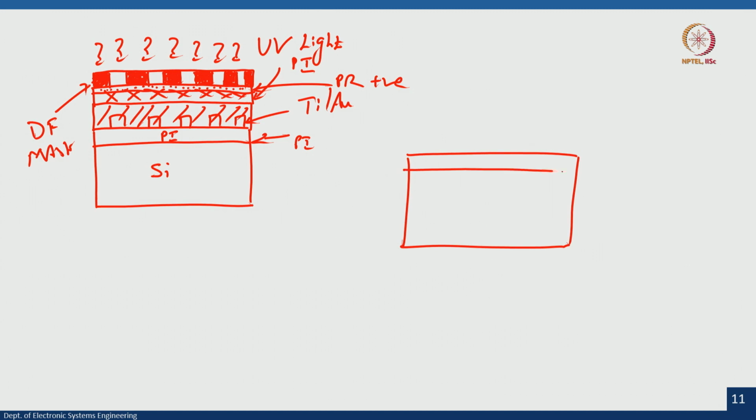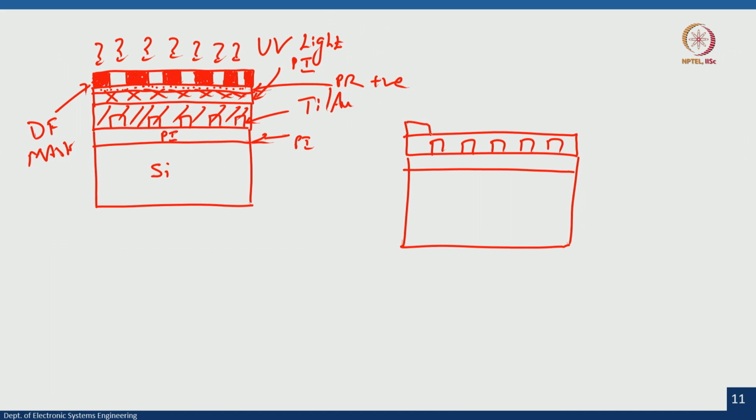So, we have a PI layer, we have gold titanium and then we had a second PI layer, right. And then we had the photoresist.